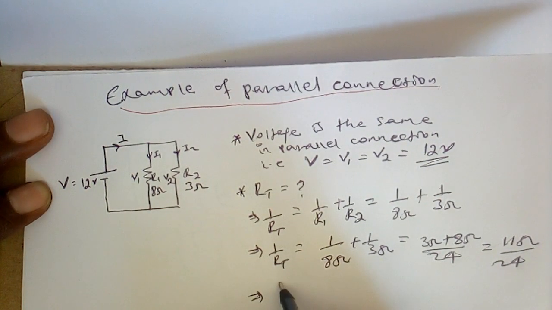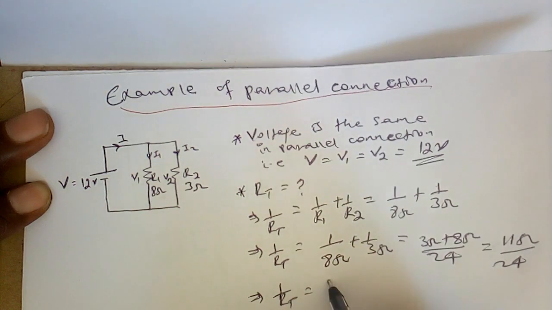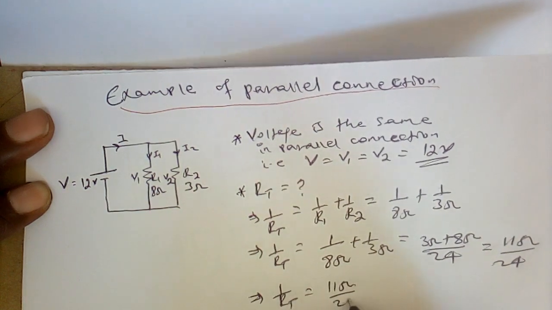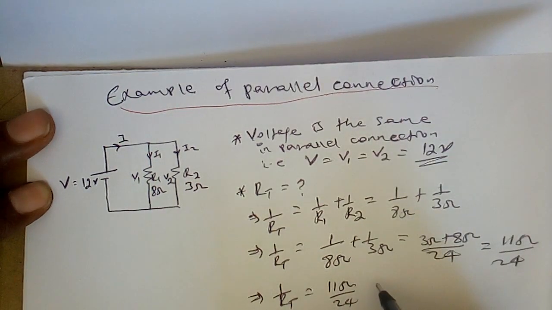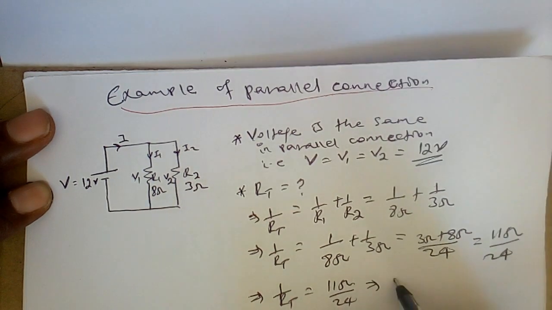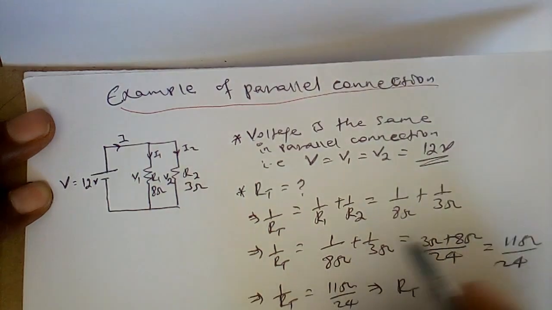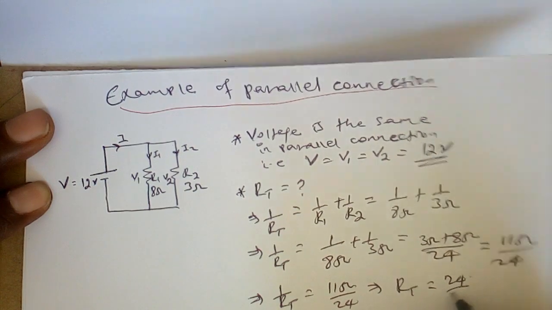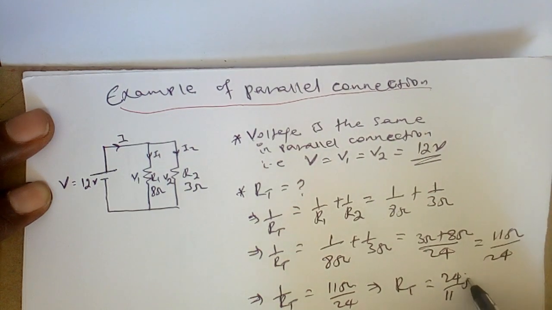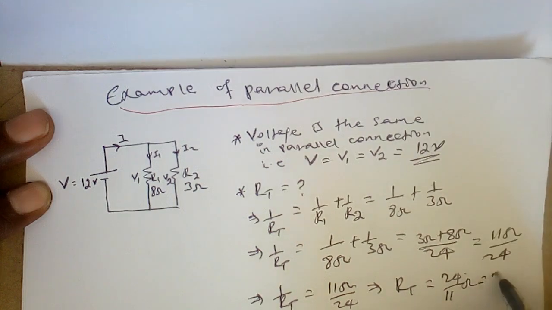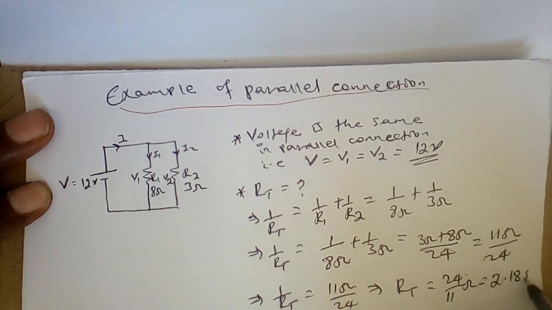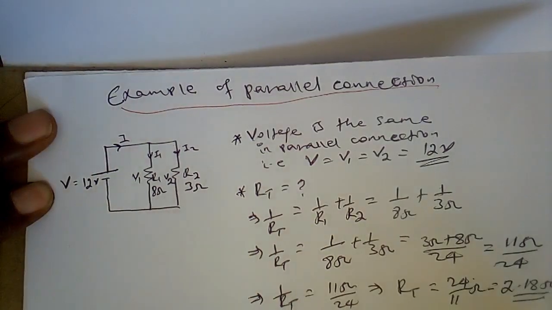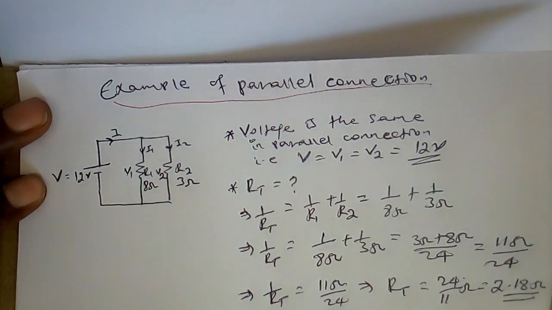So 1 over RT is equal to 11 over 24. We take the reciprocal, so RT is 24 over 11 ohm, which is 2.18 ohm.